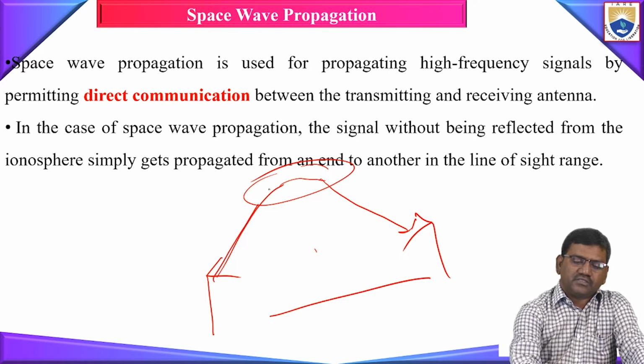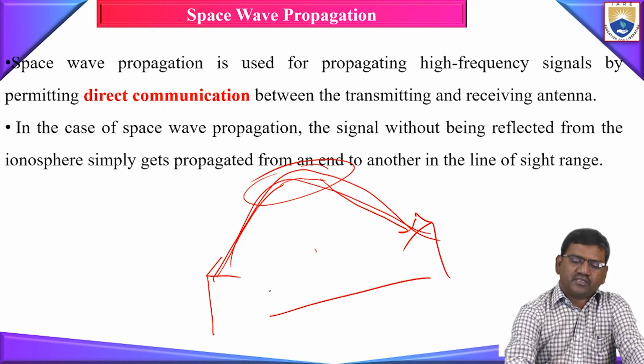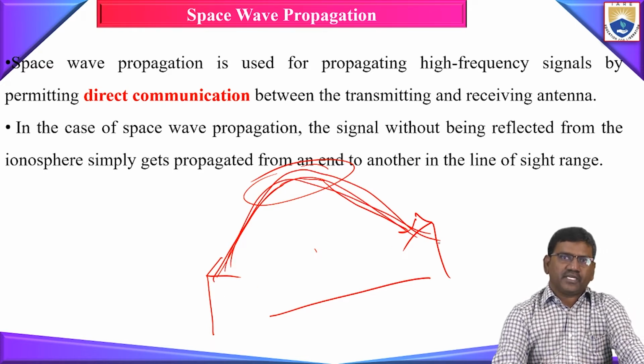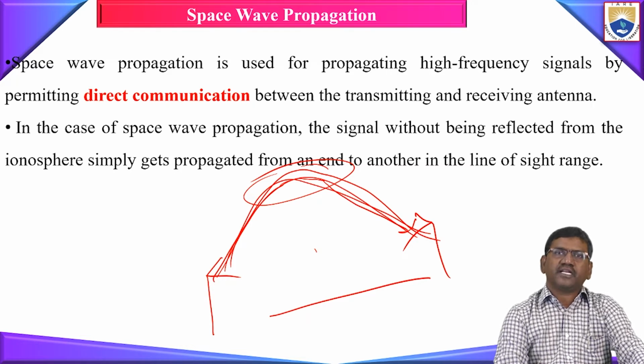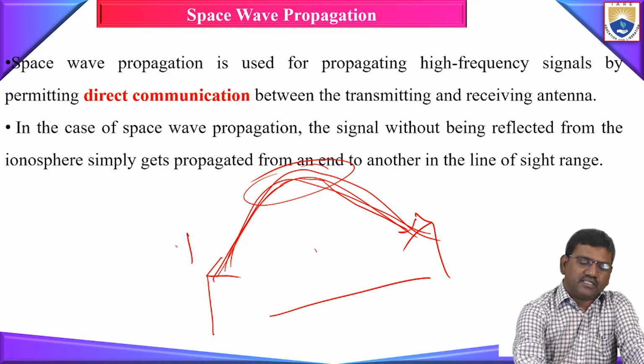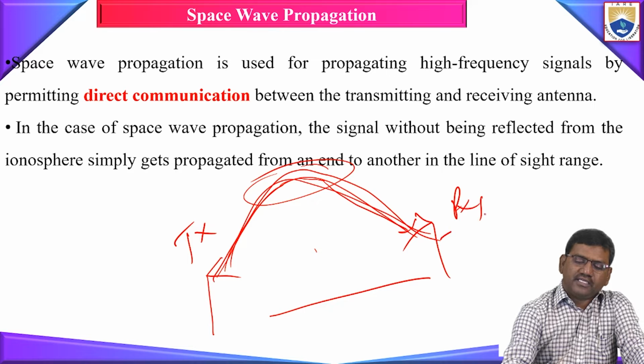So this path is also known as LOS propagation, or line of sight propagation, or direct transmission, or direct communication. That is the transmitting antenna and the receiving antenna.